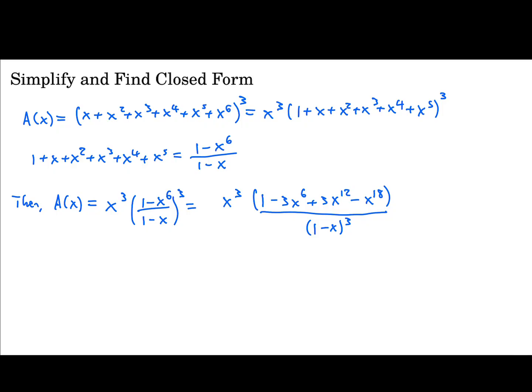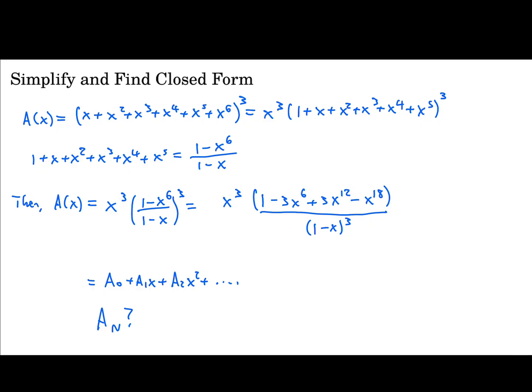And now what we need to do is extract the coefficients from something like this. Remember, at the end of the day, all of this is going to be equal to some a_0 plus a_1 x plus a_2 x squared and so on. And we want to know what is a_n.